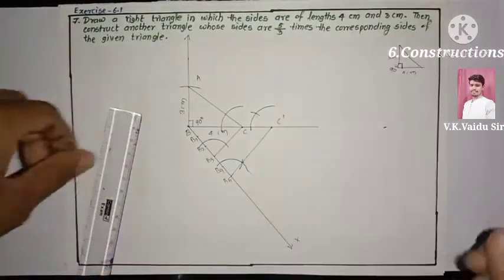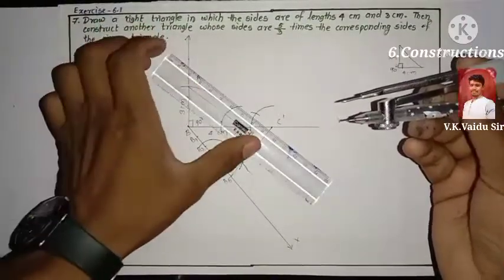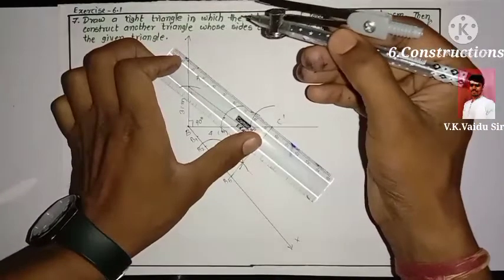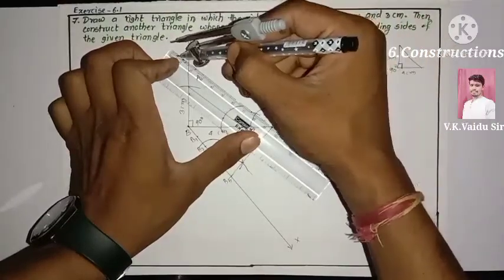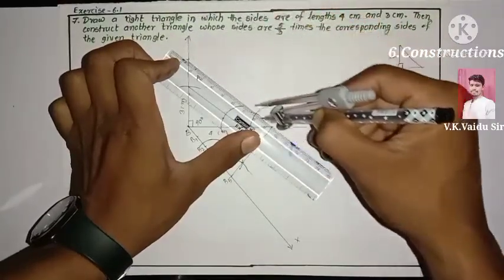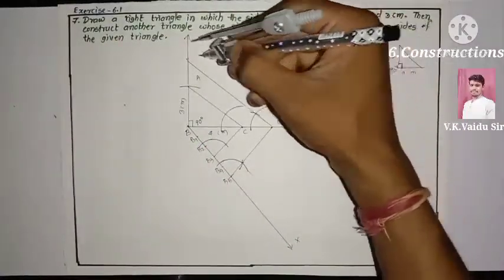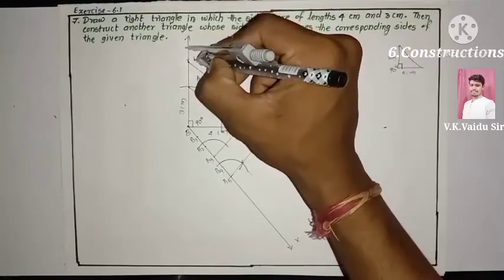Through C dash and the intersecting arc, draw one line segment. Where this second line segment intersects the ray, we name the point A dash.